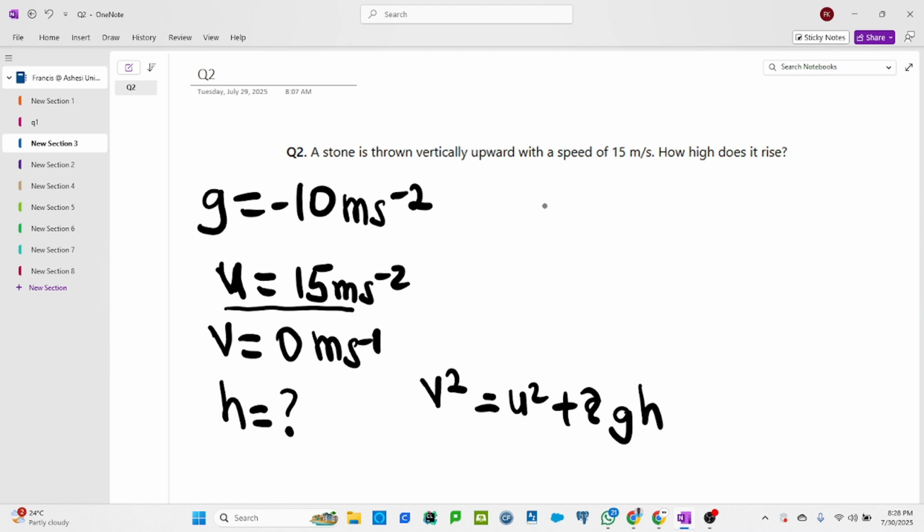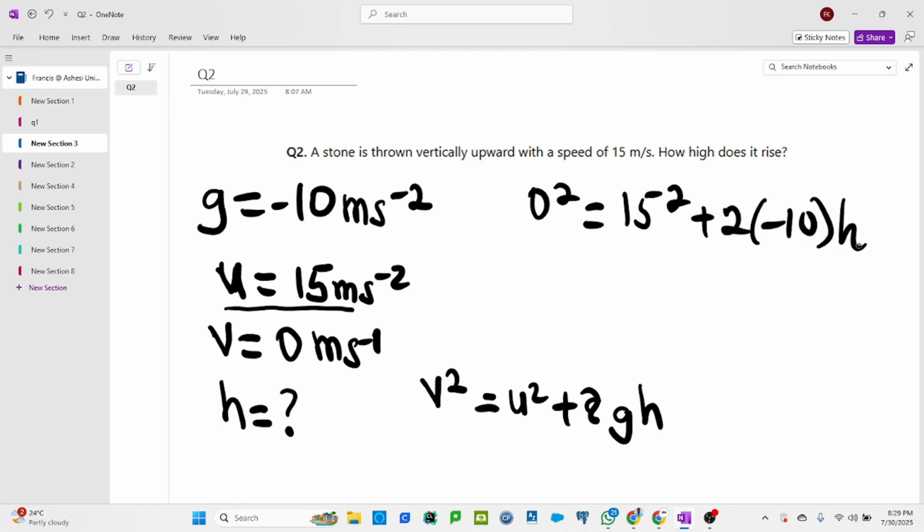So v squared, that's 0 squared, is equal to u squared, which is 15 squared, plus 2 times negative 10 times h. It is this h that we are looking for. So it becomes negative 15 squared equals negative 20h.